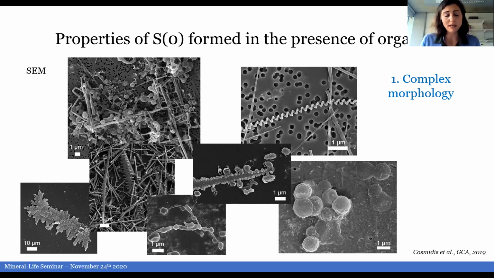And here I'm showing you different images that are all elemental sulfur particles, and they were all formed in the presence of a different type of organic compounds. And you see that depending on what organics are present, you can form sulfur spheres and filaments, twisted filaments, some spiky Christmas tree looking particles, and other complex and weird shapes. So a first property of mineral formed in the presence of organics is that it has complex morphologies, and the morphology is controlled by organic matter.